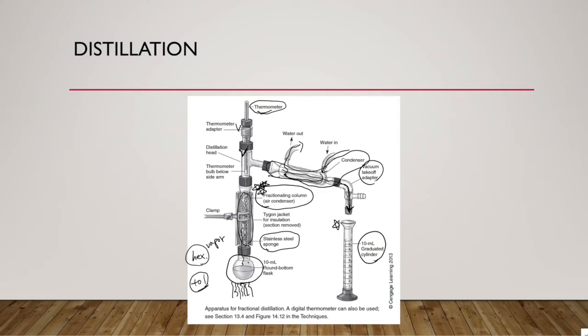So the vapors are filling up this fractionating column, but at the same time, this fractionating column is cold at the beginning. But once the vapors are filling it up, then these vapors will start to condense.